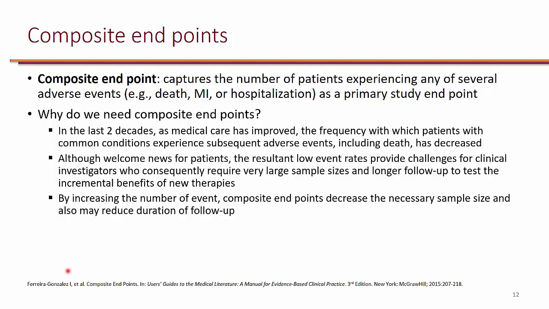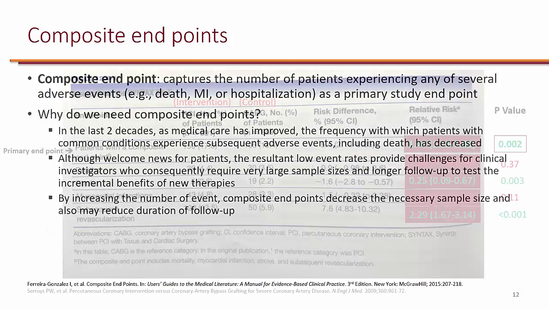In fact, you need a large sample size and a long follow-up, and sometimes it becomes impossible to find it. And that has led investigators to come up with composite endpoints to help them conduct a clinical study and find a significant result.